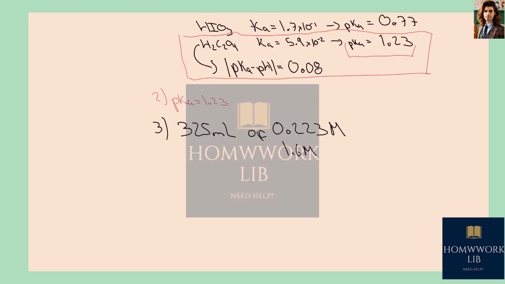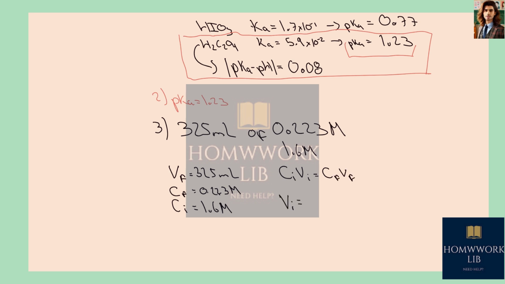So we know that the final volume would be 325 milliliters. The final concentration is 0.223 molar. And the initial concentration is going to be 1.6 molar. So we can use C initial times volume initial is equal to C final times volume final.